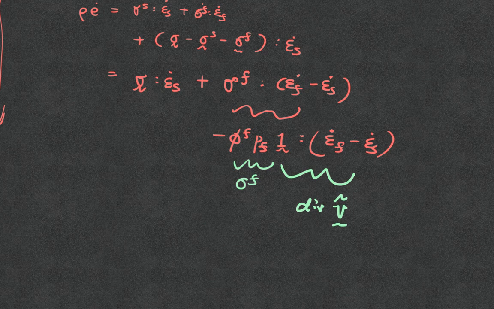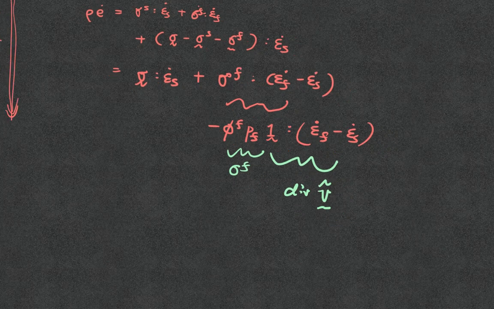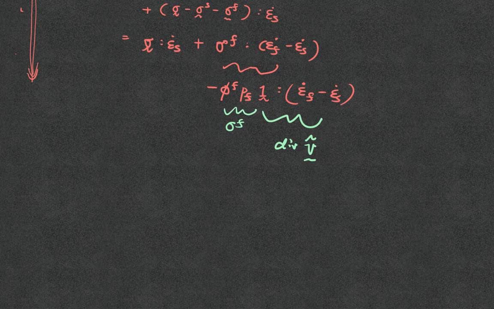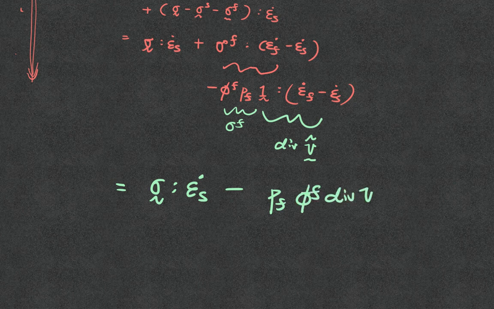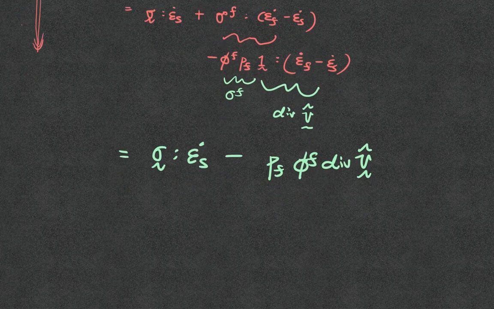The divergence of the velocity is related to the diagonal terms of the gradient added together, and hence you get these expressions. So what eventually happens is that I have the first energy term related to the total stress double dot the solid deformation, and I have the second term that is now related to the relative velocity.